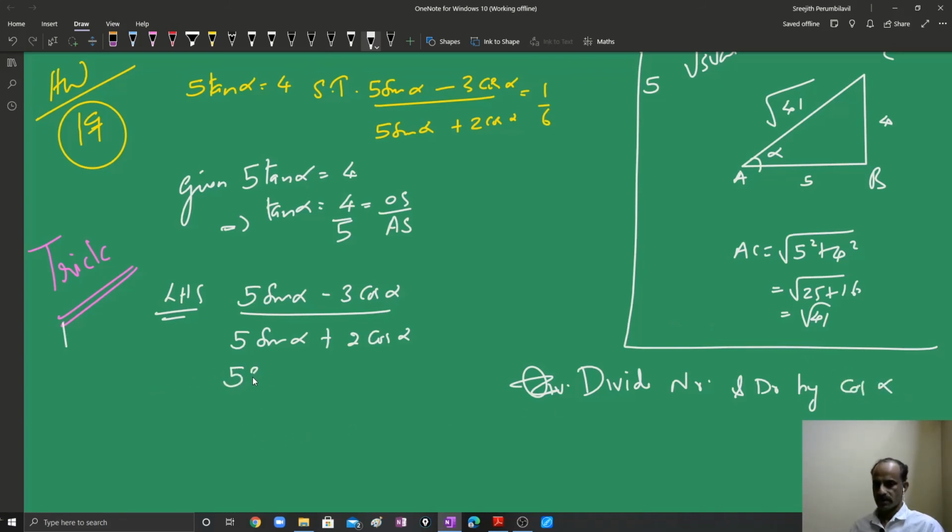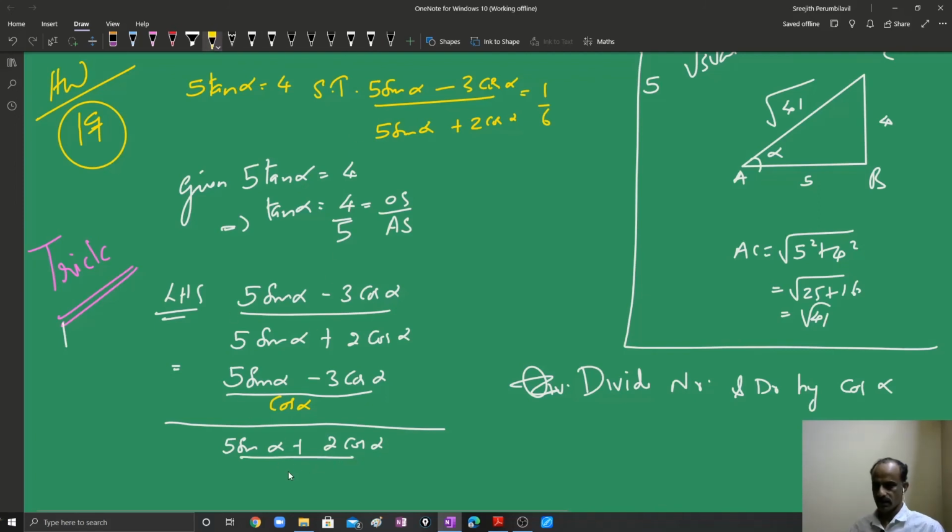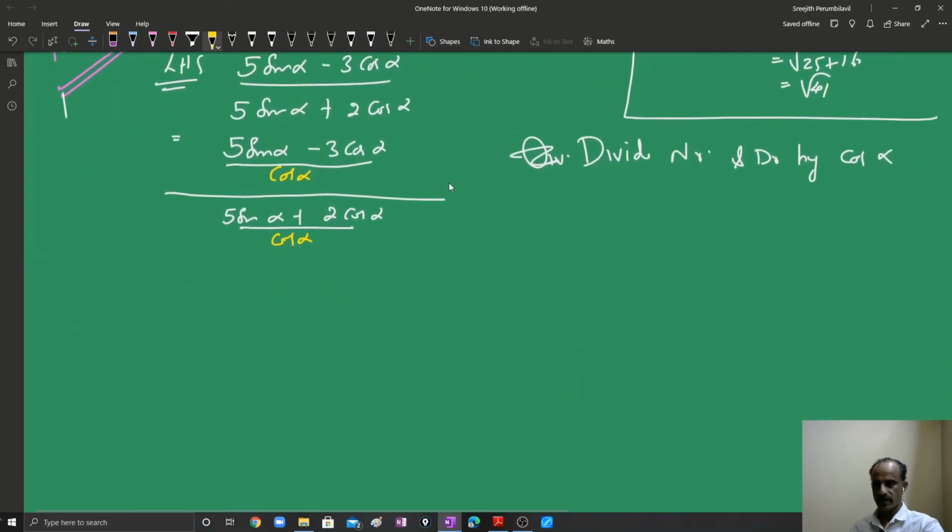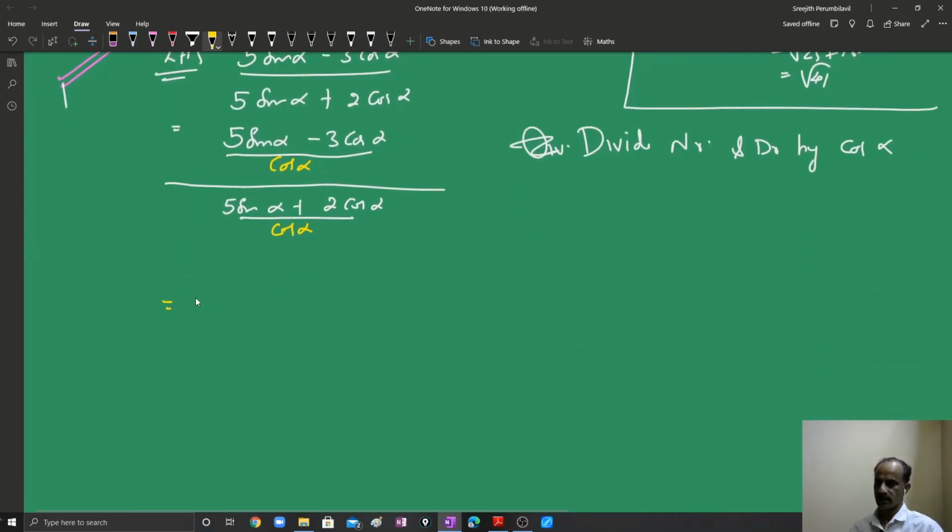So what happens? (5 sin alpha minus 3 cos alpha) divided by cos alpha, whole divided by (5 sin alpha plus 2 cos alpha) divided by again cos alpha. Will the value change? If in a fraction the numerator and denominator are both divided by the same value, it doesn't change. So now I am splitting the numerator.